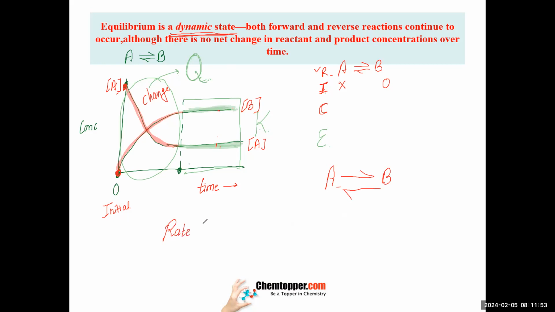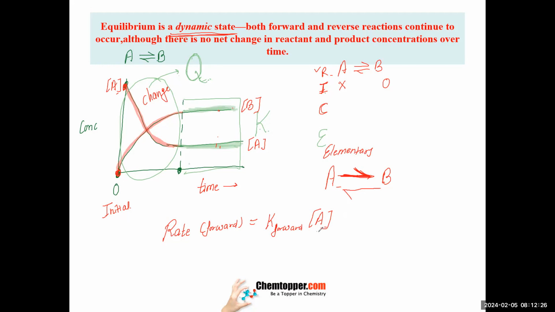If I take this as an elementary reaction, what's the rate law for the forward direction? It is k1, or you can say k forward, times the concentration of A. This is the rate law for the forward direction.